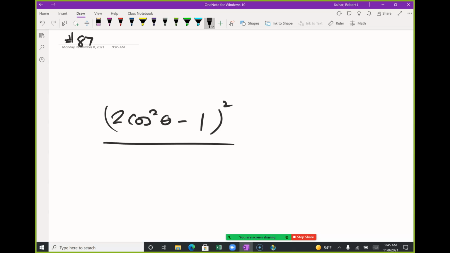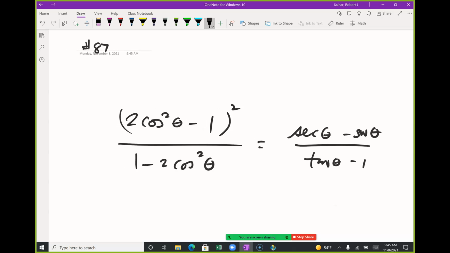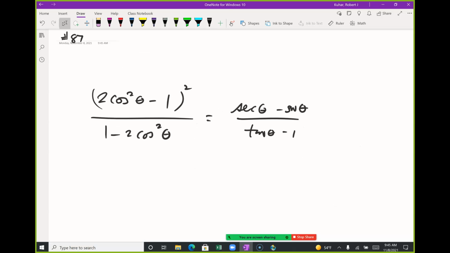All over 1 minus 2 cos squared theta, yuck, equals secant of theta minus sine of theta all over the quantity tan theta minus 1. Wow. I'm thinking left-hand side is more complicated, right?